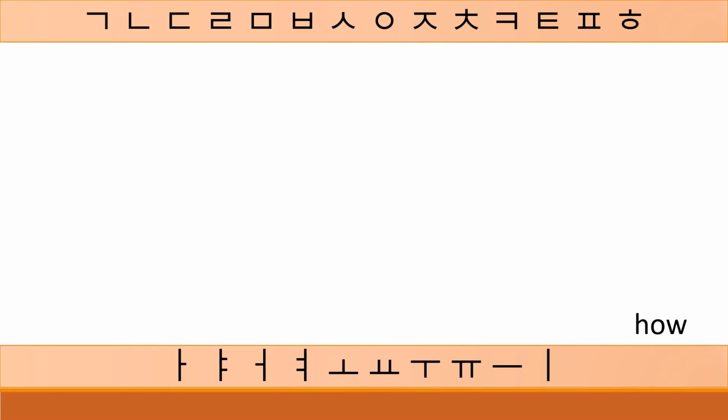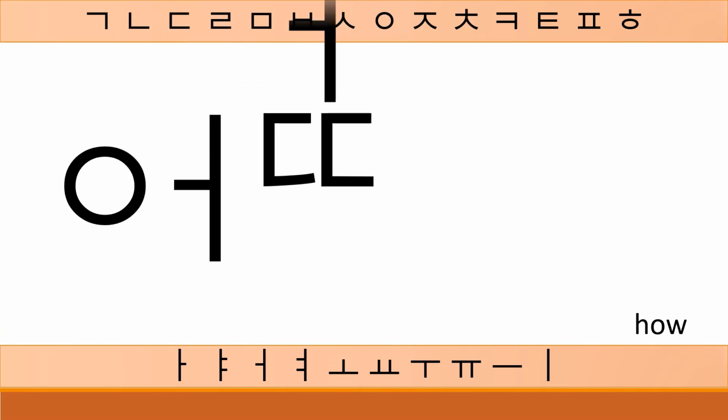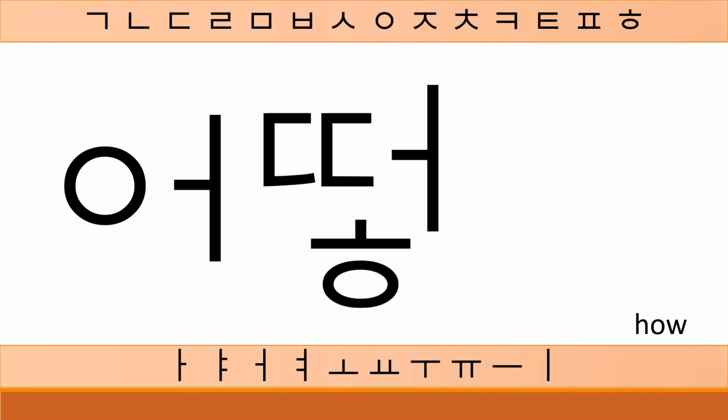Next, how. How is 어떻게. I will just show the spelling because there are some things that need explanation. 자, 어 is easy, right? So vowel sound, so start with zero consonant and vowel 어, and 떠. You may get this, 떠, but as a spelling of this vocabulary, we have this underneath.